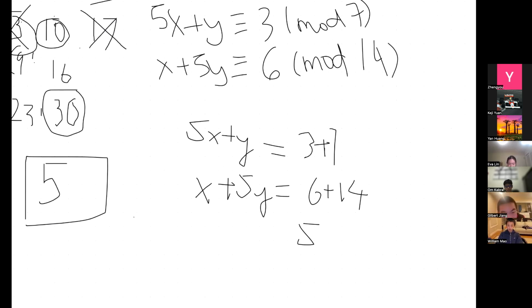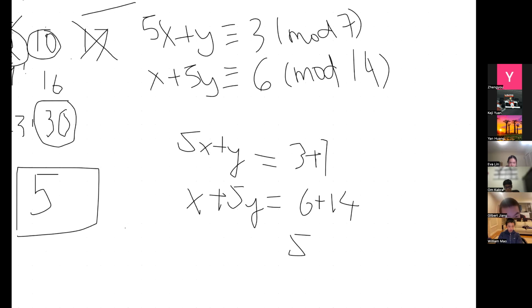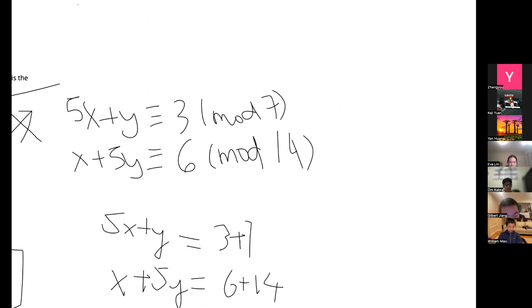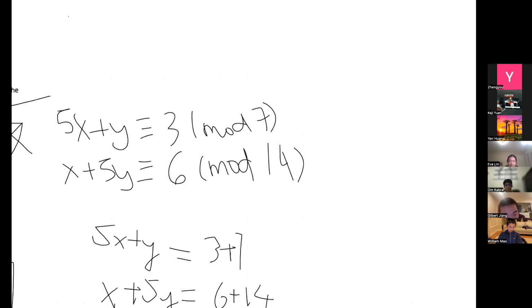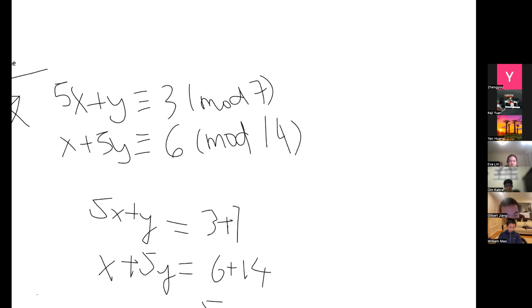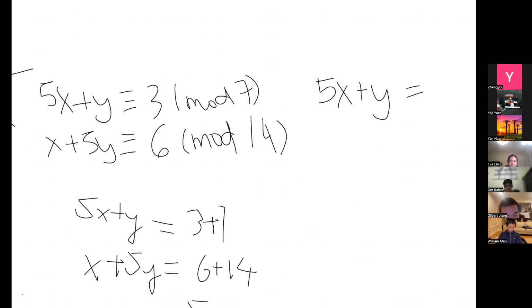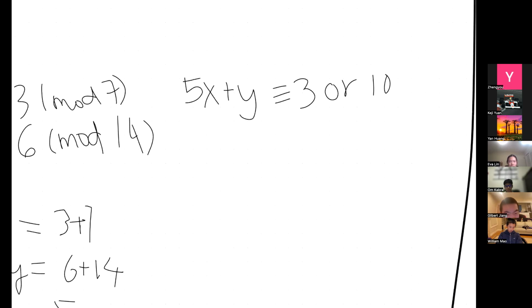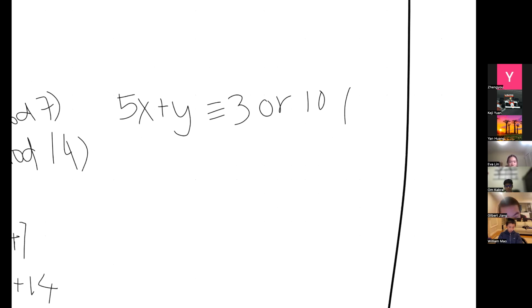Yeah, but I think it just works in this question because the numbers are really nice. In general, you have two equations with different modulus values, right? So the first thing we want to do is make them have the same modulus value. This first equation, you can change into 5x plus y is 3 or 10 mod 14, right?